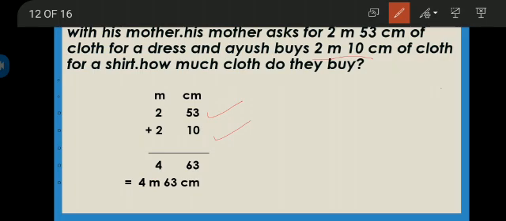How much cloth do they buy means total cloth you have to find out. So you have to add here. 3 plus 0 is 3, 5 plus 1 is 6, and 2 plus 2 is 4. So total cloth is 4 meter 63 centimeter. Therefore they buy 4 meter 63 centimeter of cloth.